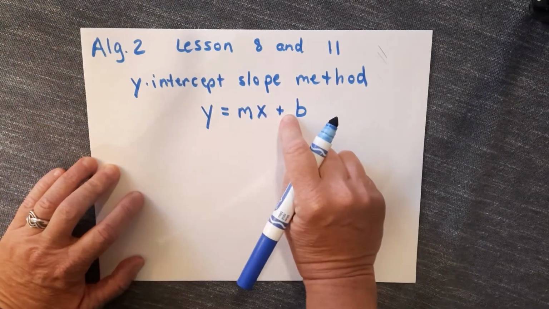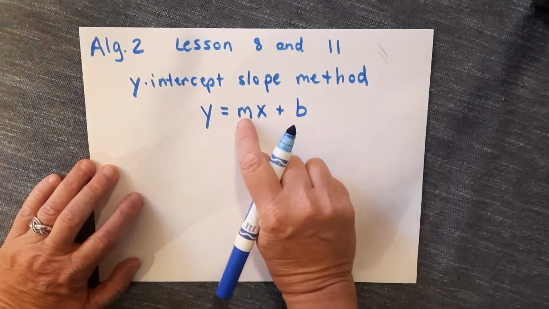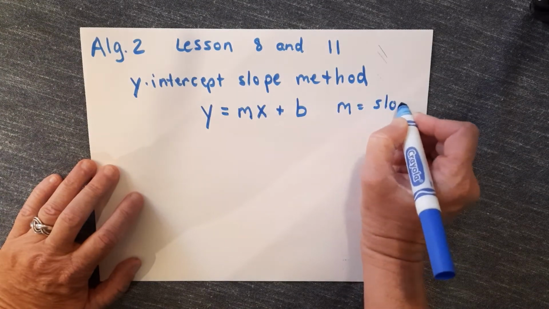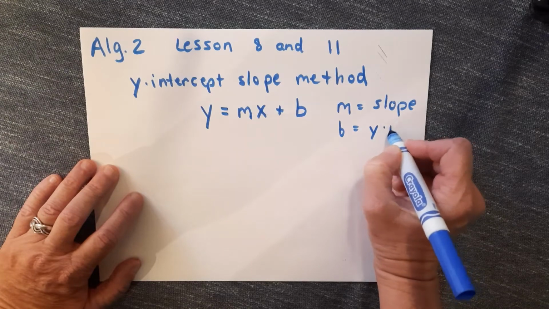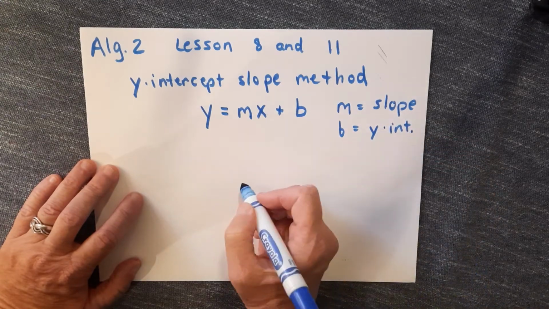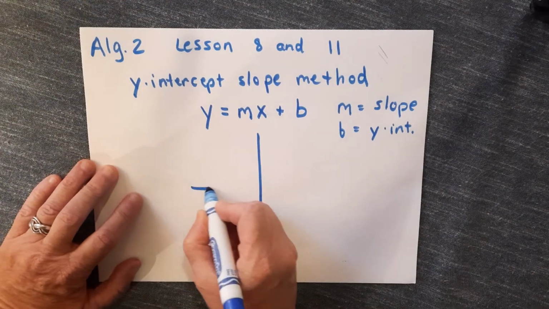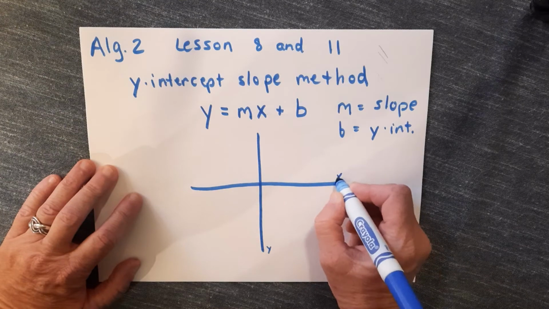This type of writing the equation lets us know that the m stands for the slope, and the b tells us where the line crosses the y-axis. So it's the y-intercept. If you recall, the y-axis is the one that goes up and down. This is y and this is x.